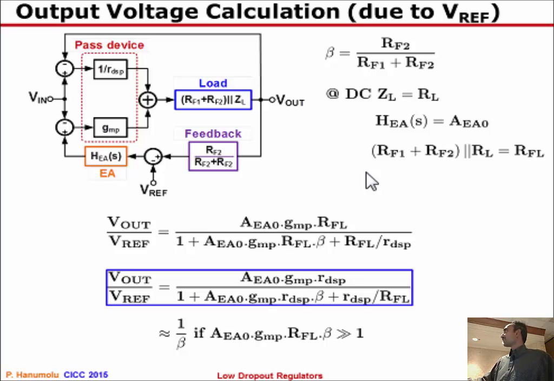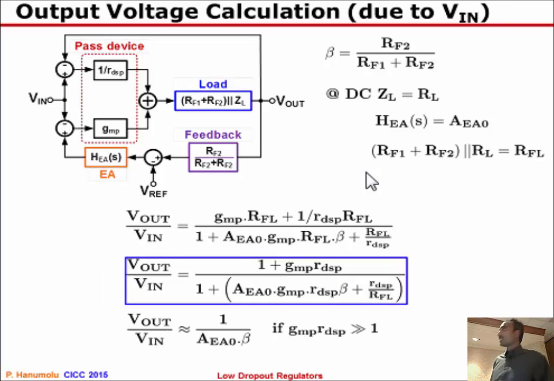There is another loop that is this, and that term is shown here. So if you simplify, what you will end up getting is V out over VREF is this, but after even more simplification, it is approximately equal to 1 over beta, as long as you have large DC gain in your error amplifier. Right? So this again is not too surprising.